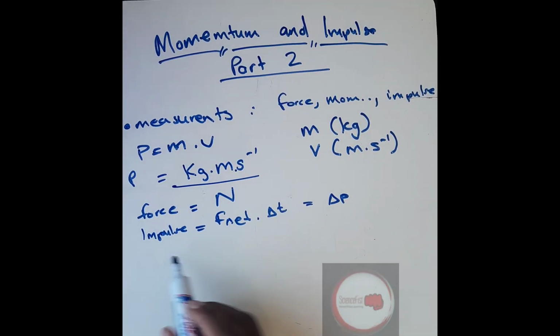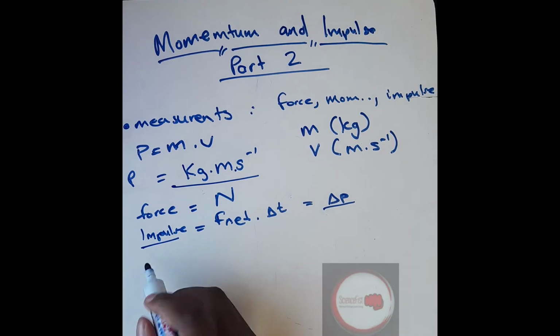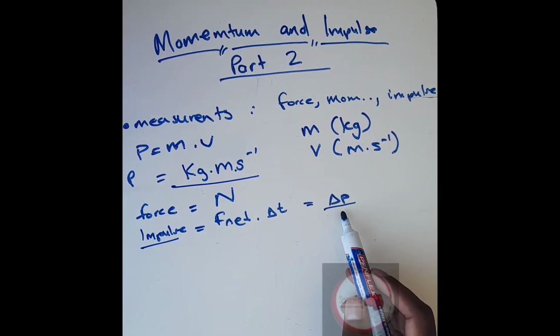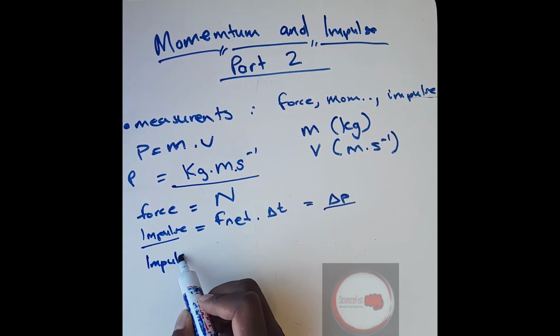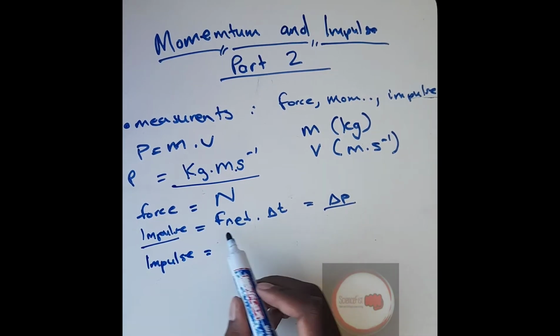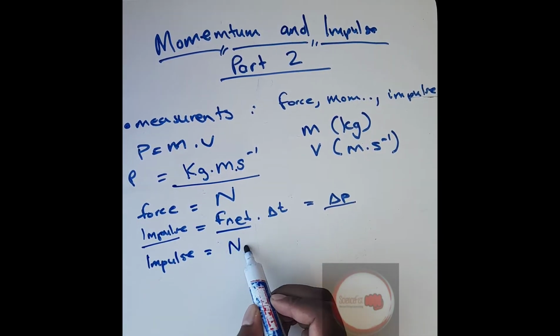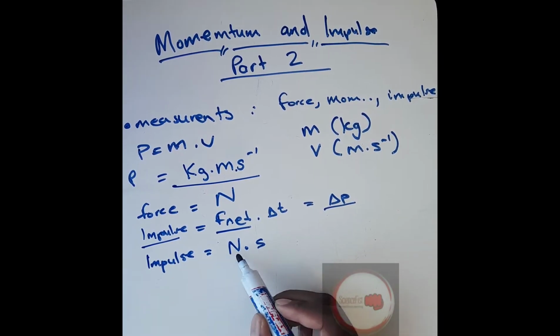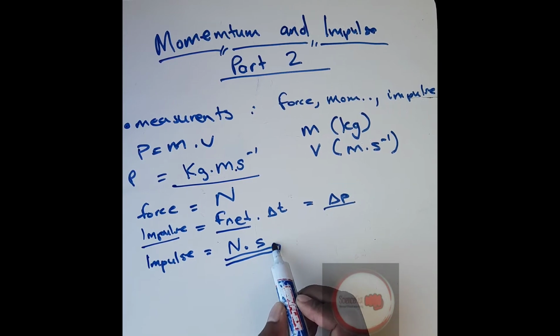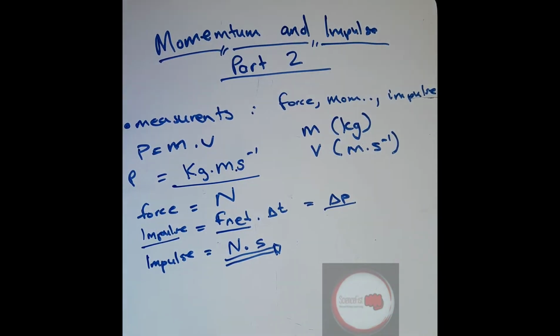So impulse can also be equal to change in momentum, but the measure for impulse will be F net, which is newtons, times seconds. So it's newton seconds. Force experienced at a certain time.